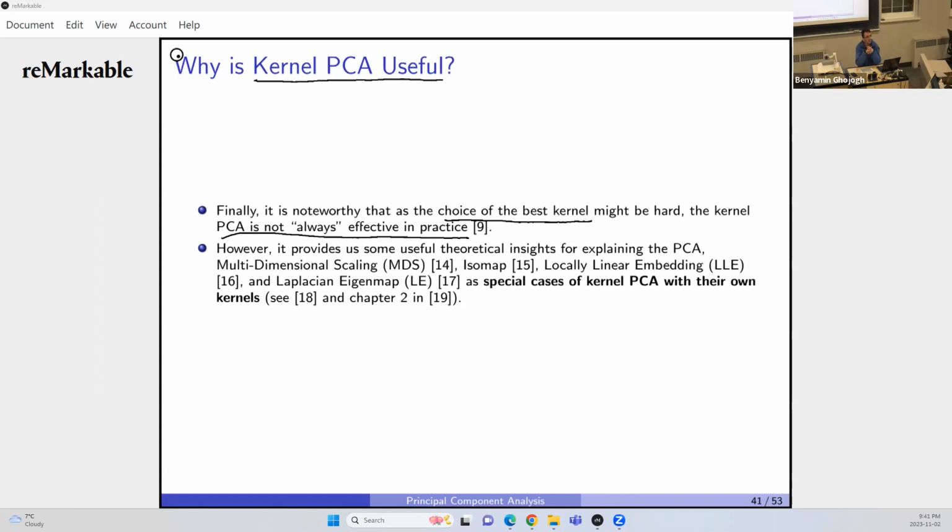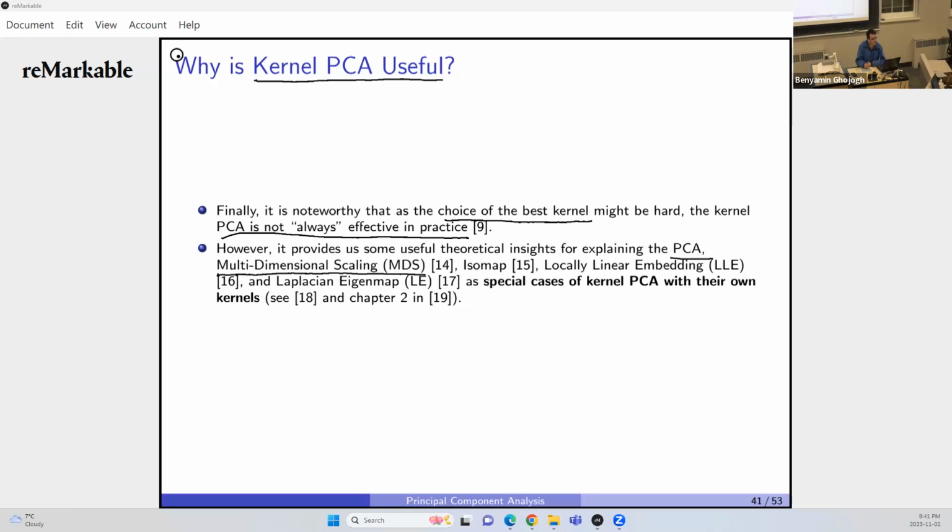Who proved that? Yoshua Bengio et al., the team of Yoshua Bengio, a long time ago, I think 10 years ago. They proved that many of these algorithms developed in spectral dimensionality reduction are special cases of kernel PCA.